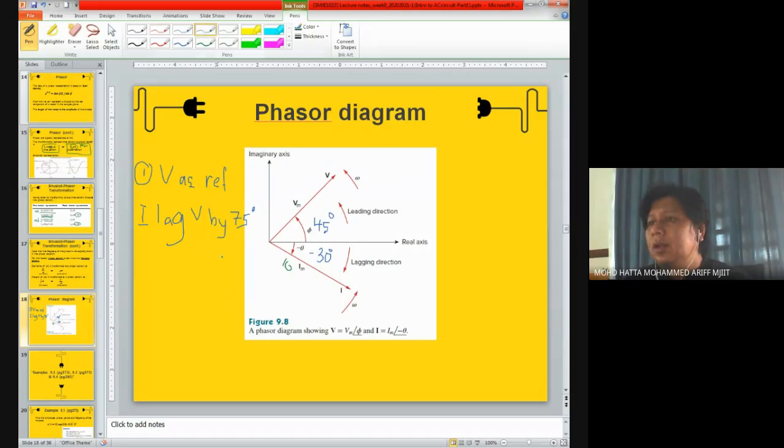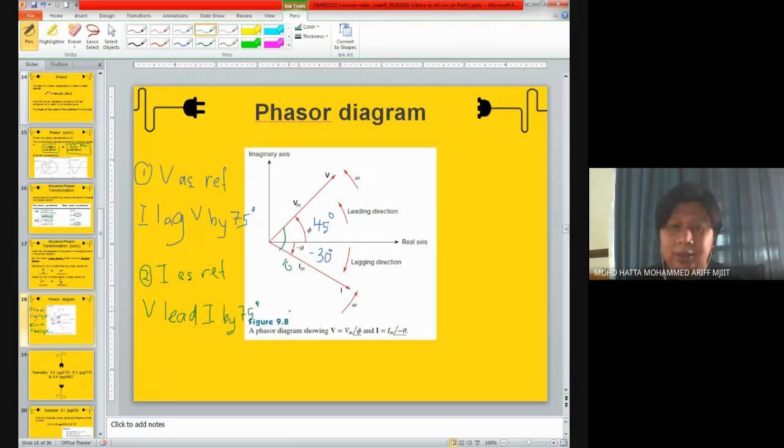And if I consider, number 2, I as my reference, I would say that V leads I also by 75 degrees. The 75 is coming from the combination of these two angles. So this is how we write.